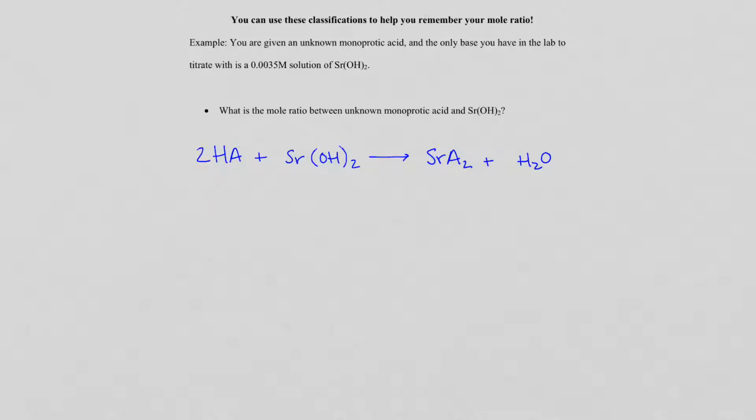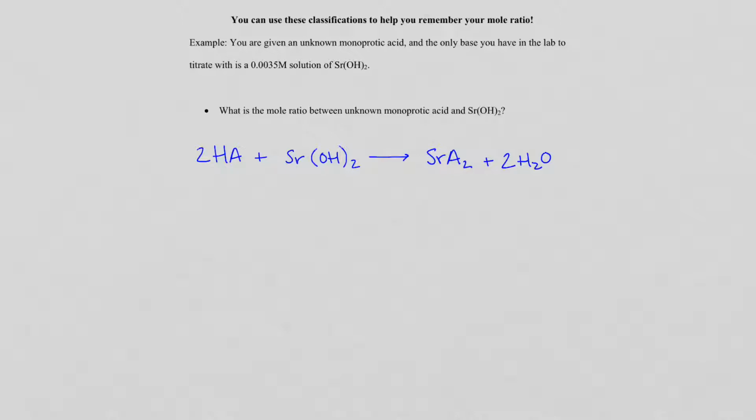We have 2 A's on this side, and now we have 2 A's on this side. So we're good, right? We have 1 strontium, okay? And then we have this (OH)2. And 2 H's and 2 OH's will come together to make 2 H2O's. So that is your balanced equation.